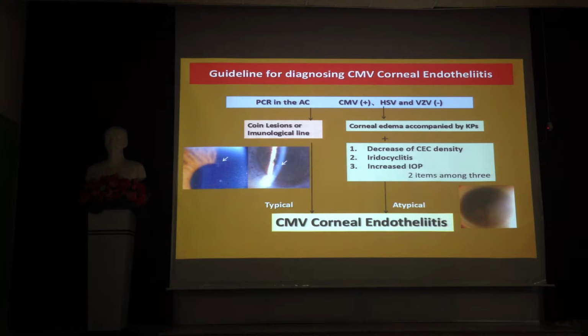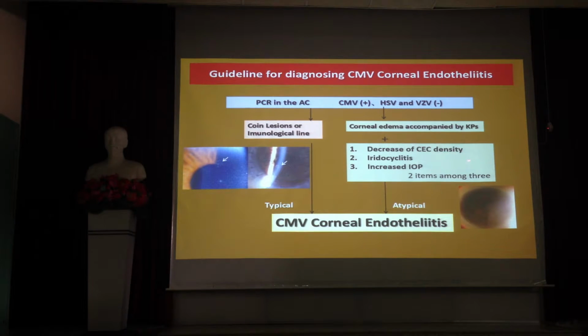If they do not show the coin lesion, but they have some kind of corneal edema accompanied by keratopathy, and at least 2 out of 3 of the following: decreased corneal endothelial cell density, iridocyclitis, or increased episodes of elevated intraocular pressure, we say this is atypical cytomegalovirus corneal endotheliitis.